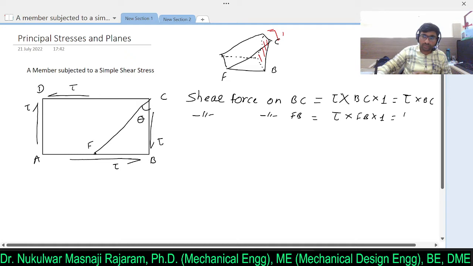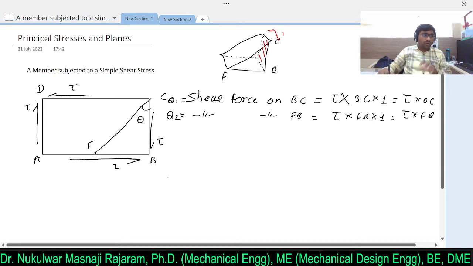So that is equal to tau into FB. Simple. Now this shear force is going to act parallel to this particular force. Clear? So let's say this is Q1 and this force acting on FB is Q2.